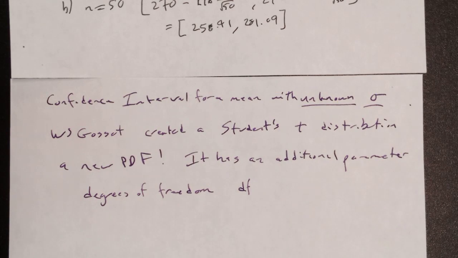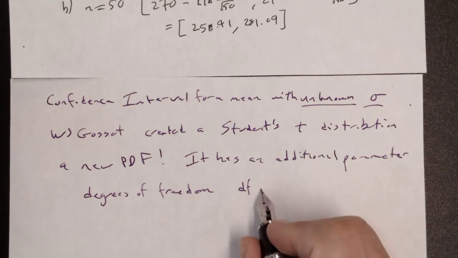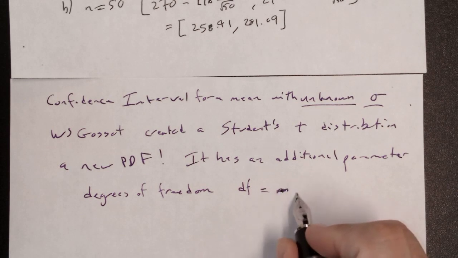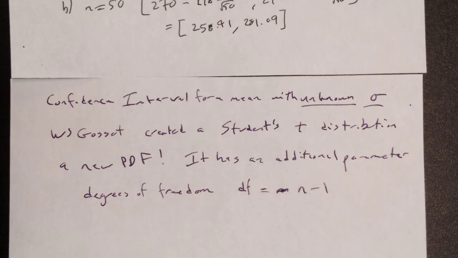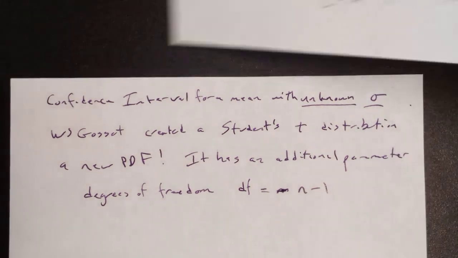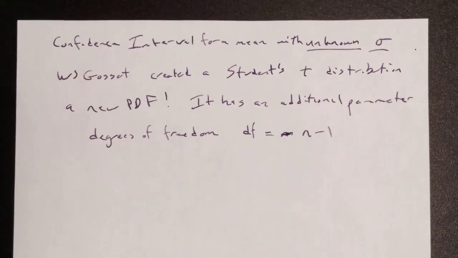And fortunately for us, degrees of freedom is fairly simple. It's the sample size, take away 1. The t-distribution kind of looks like a normal distribution. It varies based on the number of people in the sample.